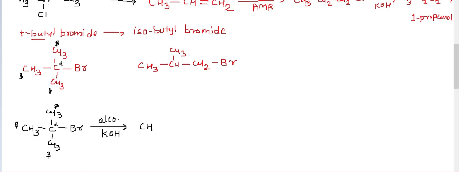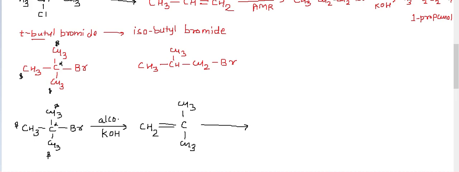Suppose I am removing hydrogen from this beta carbon, then this will become CH2. Now I am removing halogen from this carbon, so we have to put a double bond between these 2 carbons because we have removed something from there. Now this is our product.